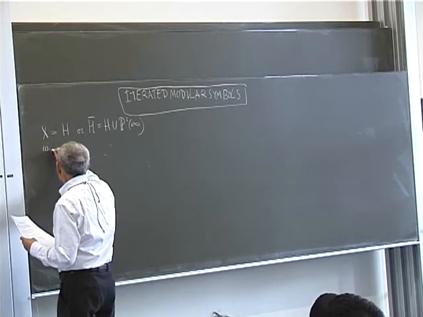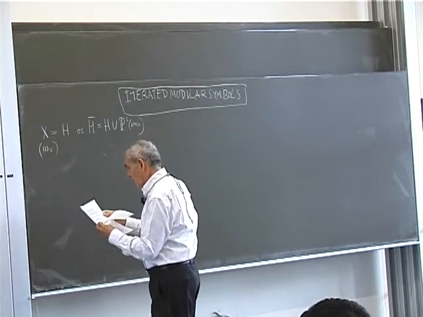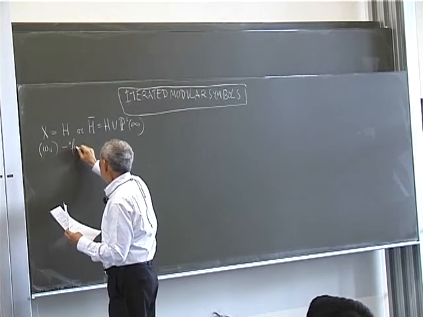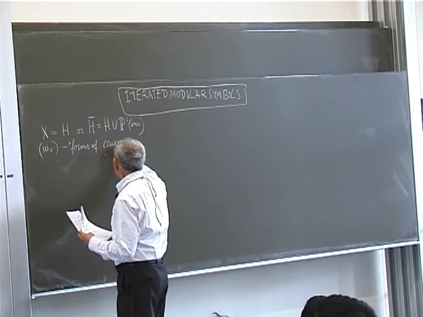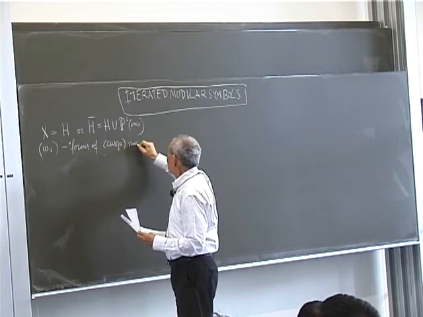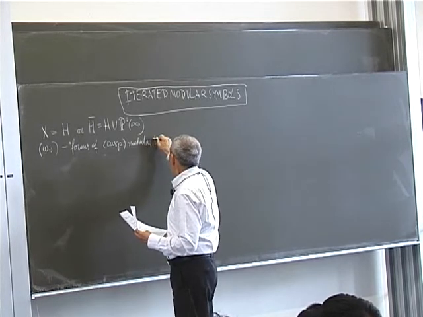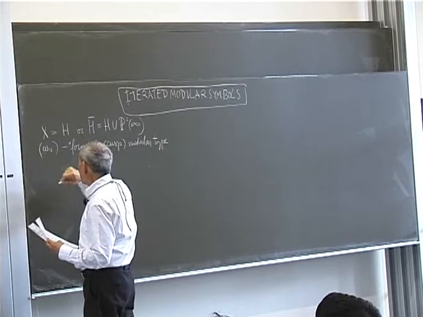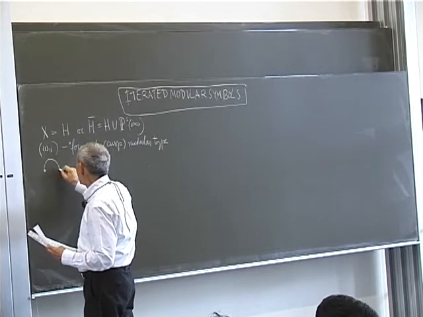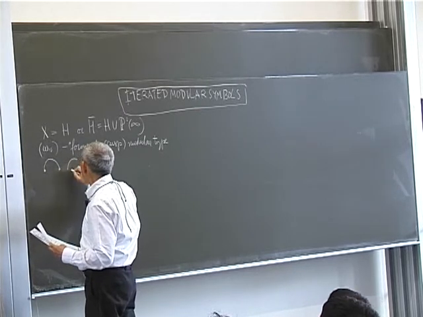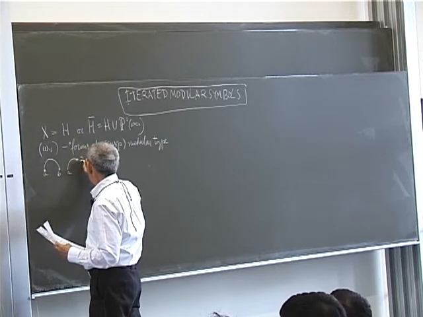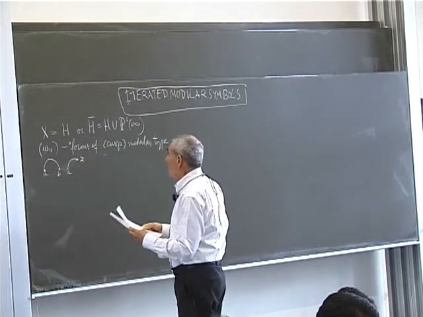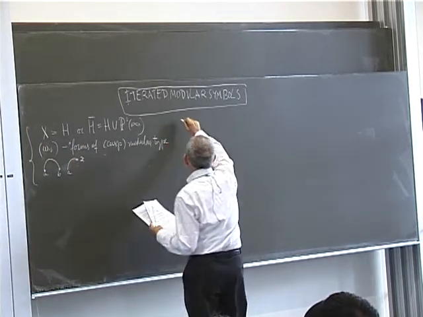Omegas will be, I'll write now just formally, forms of modular type or cusp modular type. I will write the definition a little bit later. The integration will be mostly from a cusp to a cusp, or from a cusp to something in between, along the geodesic, which is not very important because of this homotopy property. So this will be the situation to which I will apply the whole story.